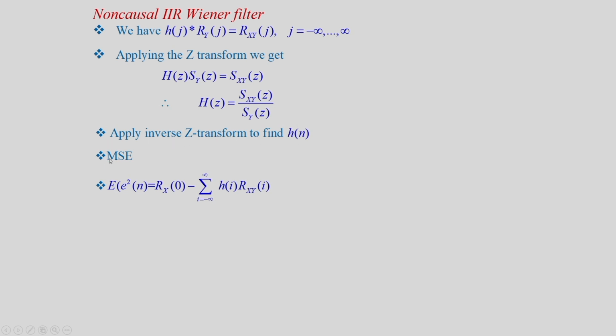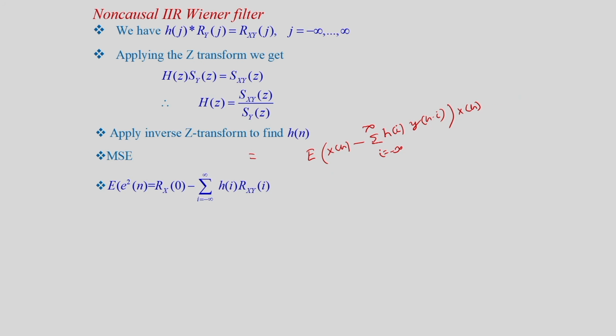Now, how to find the MSE? Again, the same orthogonality principle we can apply. MSE is equal to E of e(n) times x(n), where e(n) is x(n) minus summation h(i) y(n minus i), i going from minus infinity to infinity, because the remaining part of the error will be orthogonal to the data part.